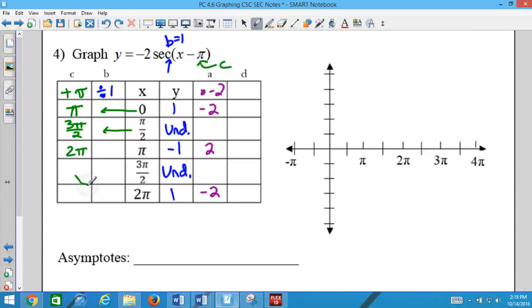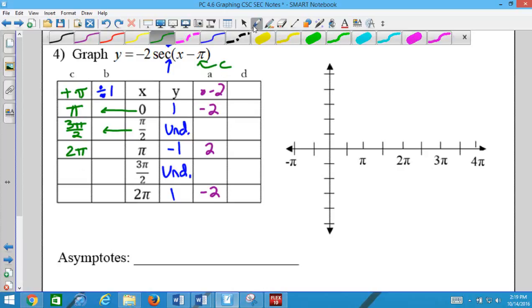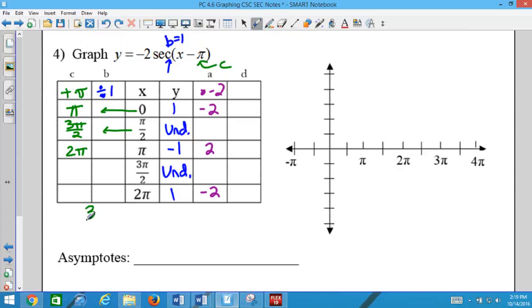And then 3 pi over 2, I'll pretend I don't know how to figure it out by hand, so I'll do 3 pi over 2 plus pi. But I have to have common denominators, so I'm going to make pi the same thing as 2 pi over 2. So that's going to give me 5 pi over 2. And then we have 2 pi plus pi, so 3 pi.